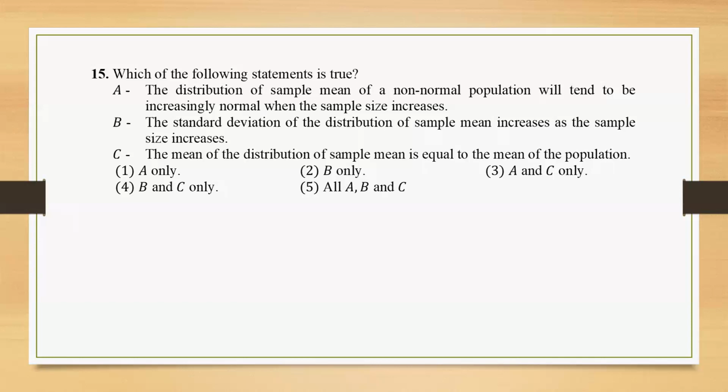We know that when the sample size increases, non-normal population or population with non-normal distributions tend to be increasingly normal or approximately normal. So it is correct.